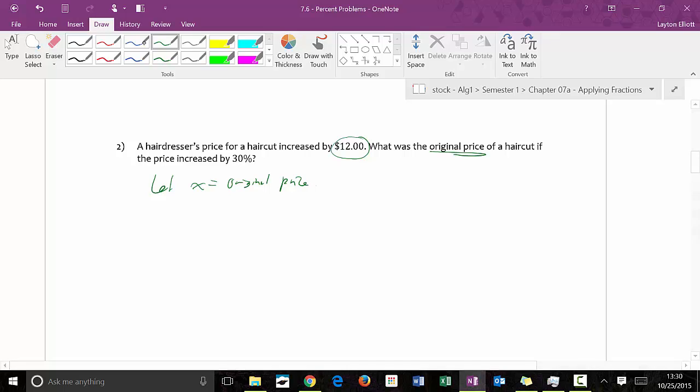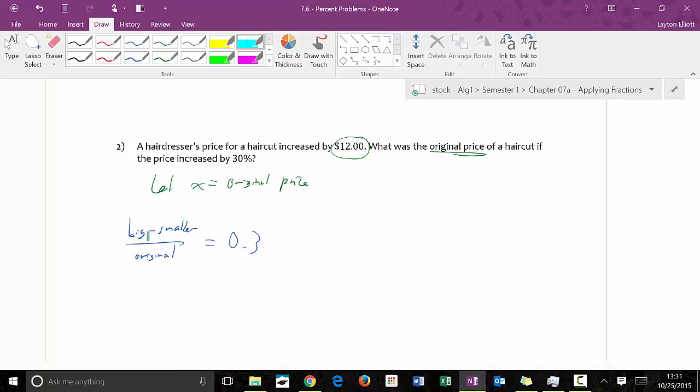And if I look at my formula, it was the big number minus the smaller number over the original, and that is going to be equal to 30%. I'm going to make that equal to 0.3, so I don't have to deal with the times 100 part.